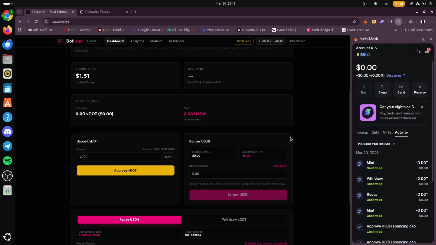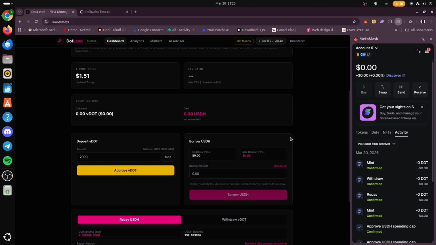And if I try to repay that debt which I have incurred by collateralizing my vDOT, the interest I have generated during that duration from the borrow to the repay which I am doing now, that amount should also be paid by me, right? So if I don't have that amount on my account, I can't actually process this transaction over here.